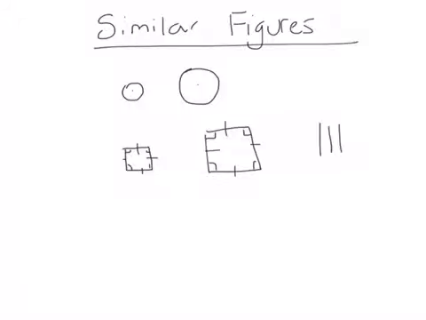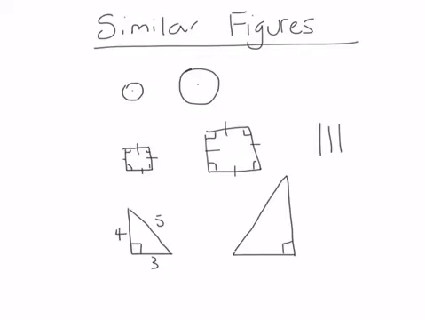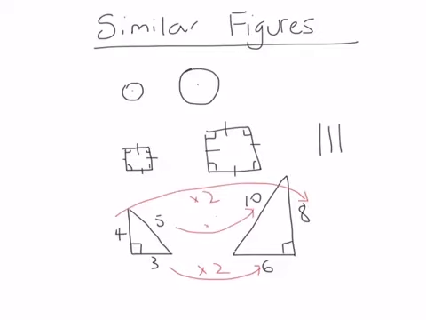If I have something like a right-angled triangle with sides of 3, 4 and 5 units, and then I draw another right-angled triangle with sides 6, 8 and 10, those two triangles are similar because that side there is twice as big, that side is twice as big, and that side is twice as big.